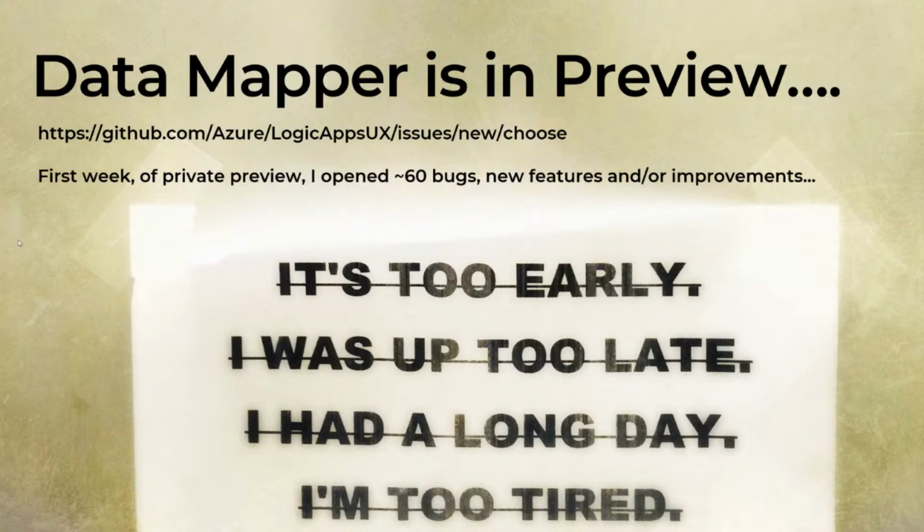In the first week of private preview, I opened more than 60 bugs, new features, requirements, and improvements that, in my opinion, the new data mapper should have. All of them are being taken into consideration and are on the roadmap. Some of them are already implemented and solved, and some are on the roadmap to be deployed.